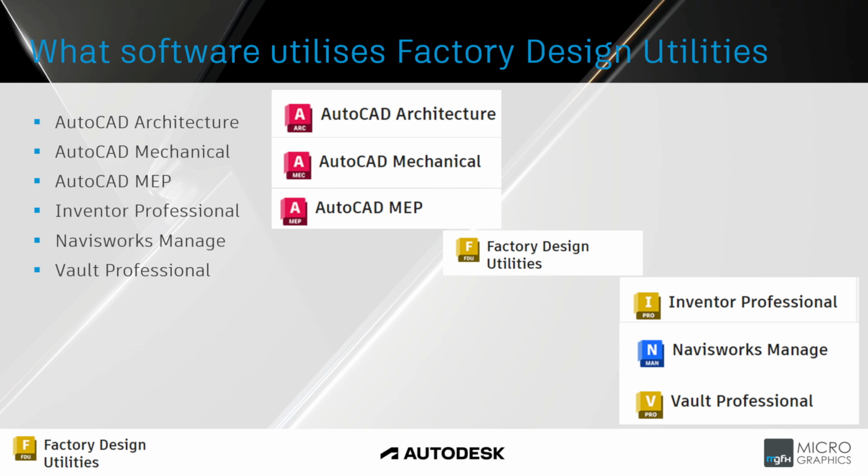So with AutoCAD Architecture, I can start off there, draw up my walls in 2D, and then when I bring it into either Inventor Professional or Navisworks, we'll have a 3D representation of the wall. AutoCAD Architecture allows me to draw those walls in my 2D plan, and in the background it's building it up in 3D. When I bring in a door or a window, it knows that the door needs to cut out the wall, so it cuts out that wall and places the door, and I can move it left or right.